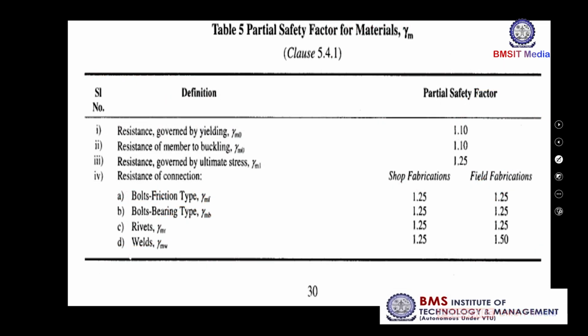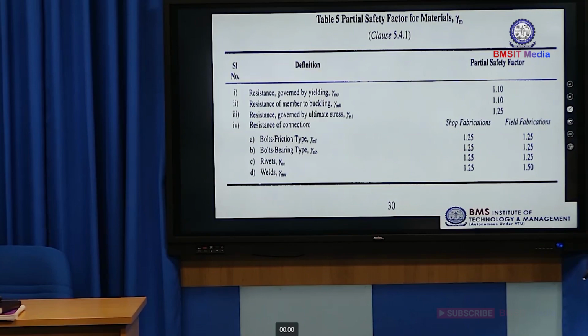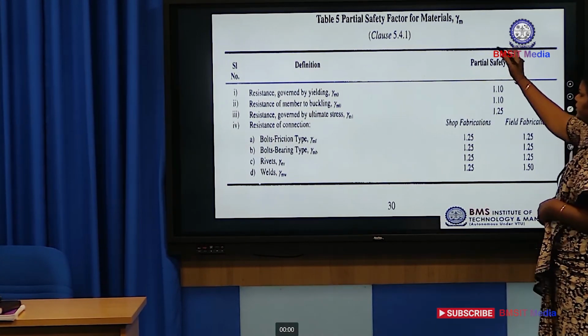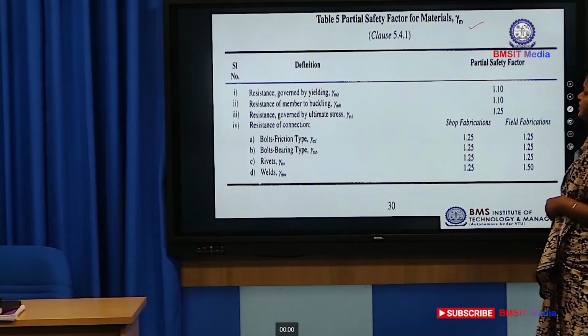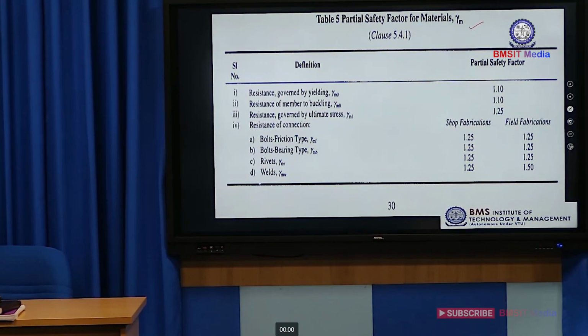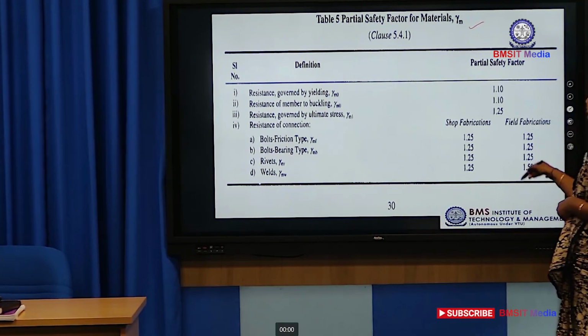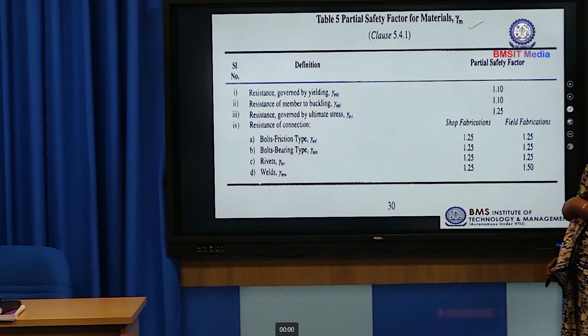Next, coming to the partial safety factor of material. This is very important in the limit state method. In the limit state method, we are underestimating the material strength for safety purposes. So, always for the material strength we have to divide by some ratio, that ratio is called the partial safety factor.